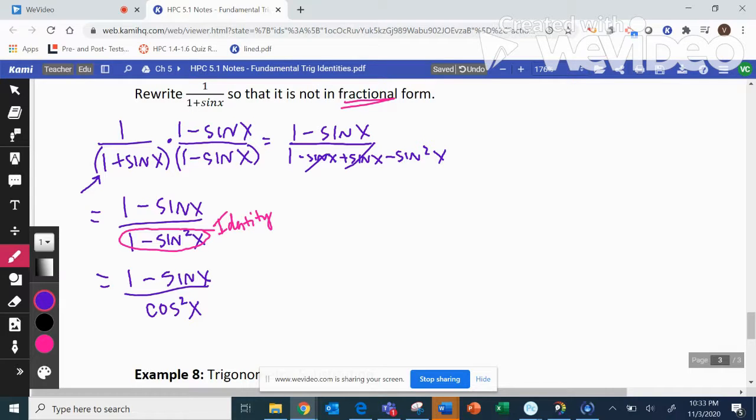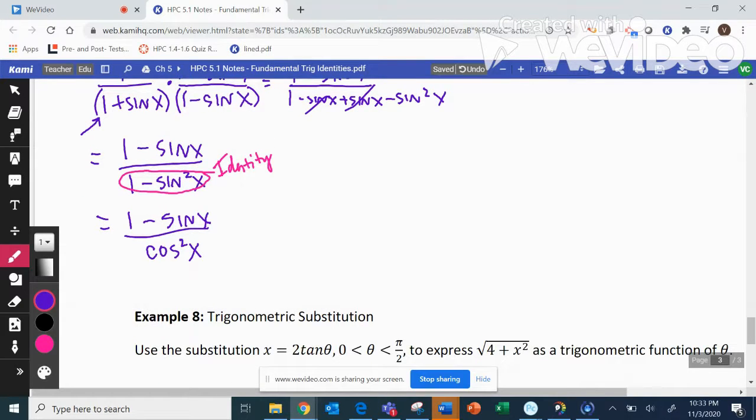Replace that with its identity. From here, I could take 1 over cosine squared x minus sine x over cosine squared x. I could separate the numerator by using the distributive property to distribute that denominator.